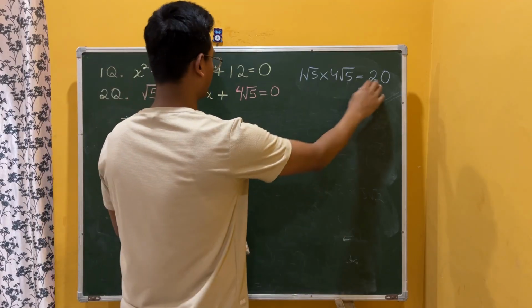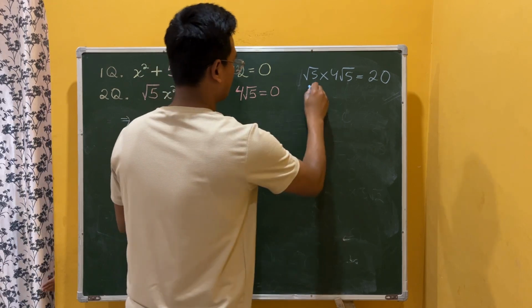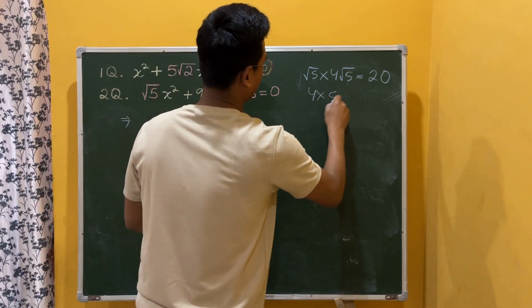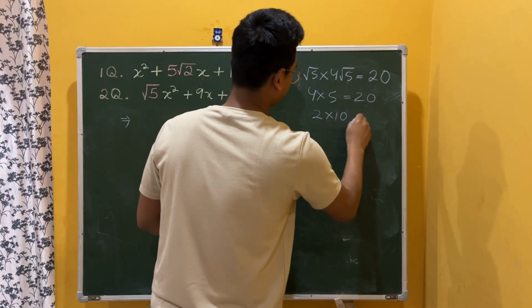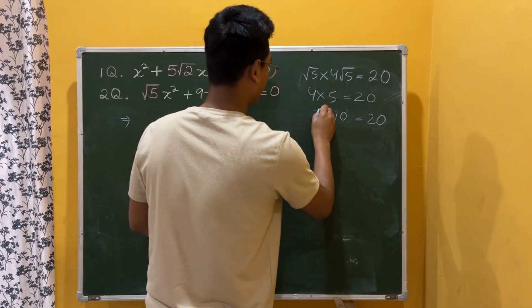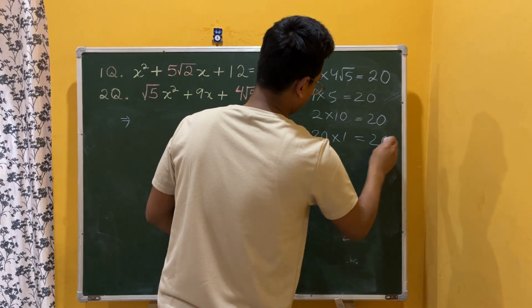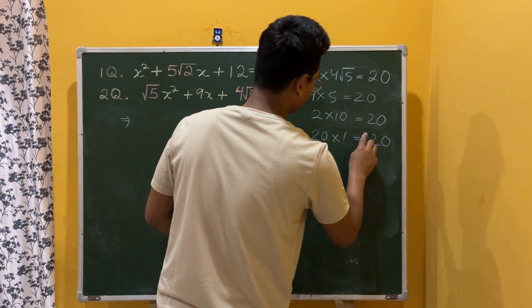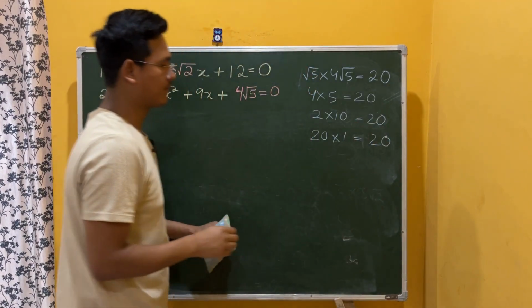So one way of showing 20 is this. Another, 4 times 5 is 20. 2 into 10 is 20. 20 into 1 is also 20. So these are the different ways you can show the number 20, right?